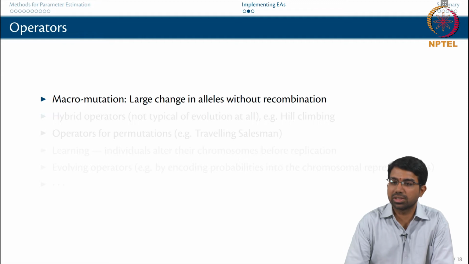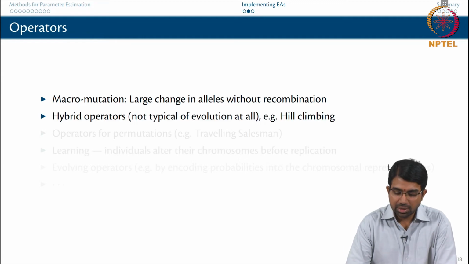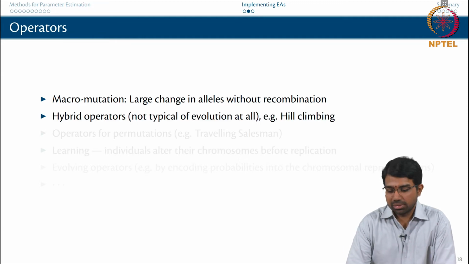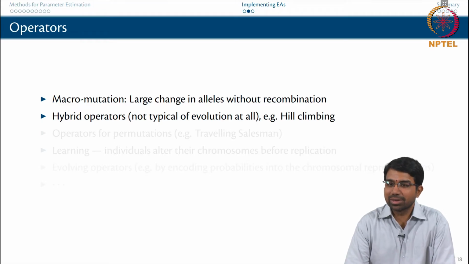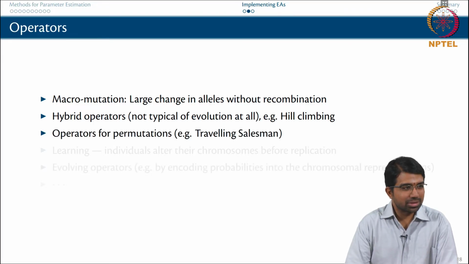So mutate several genes, several bits, right. Hybrid operators that don't really have anything to do with evolution. You can have a hill climbing operator that will just increase the value in a particular direction, right. It does not have to truly honor the evolutionary process.